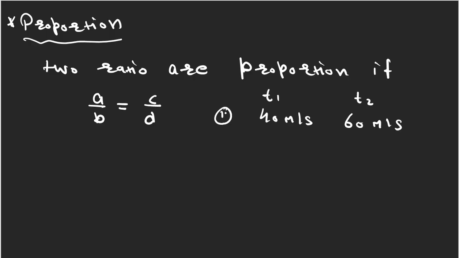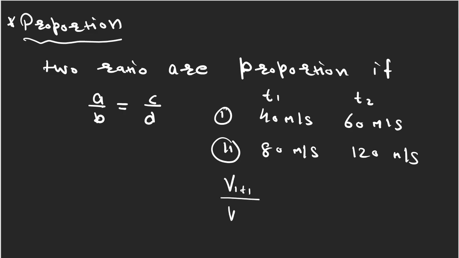And a second car is moving with velocity 80 meter per second at t1, and the velocity at t2 of the second car is 120 meter per second. If you calculate the ratio of velocity at t1, v1 to v2 will be 40 by 80, which is equal to 1 by 2.